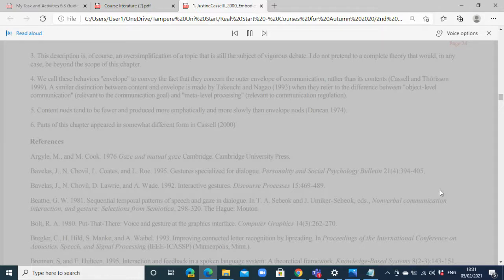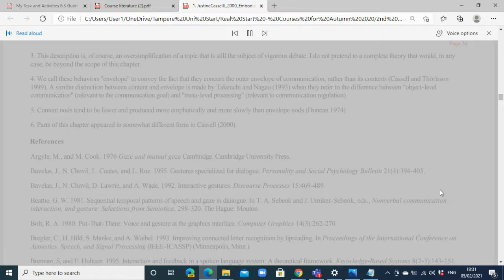Hillsdale, N.J., Lawrence Erlbaum Associates. Condon, W. S., and W. D. Ogston. 1971, Speech and Body Motion Synchrony of the Speaker-Hearer. In D. H. Horton and J. J. Jenkins, eds, The Perception of Language, 150-184.